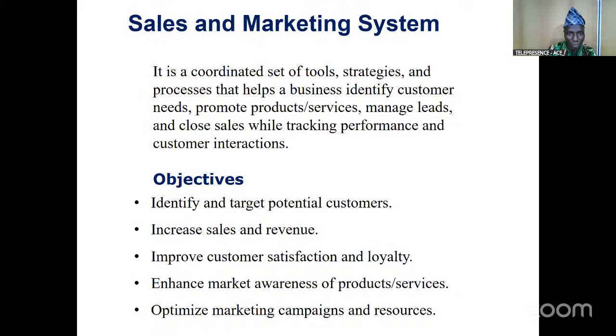What are the objectives of sales and marketing? 1. Identify and target potential customers. Increase sales and revenue. Improve customer satisfaction and loyalty. Enhance market awareness of products and services. Optimize market campaign and resources.